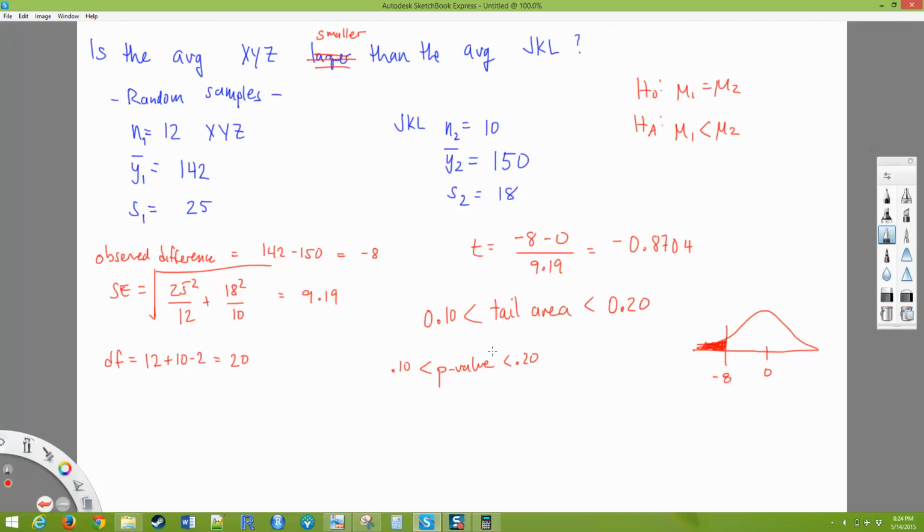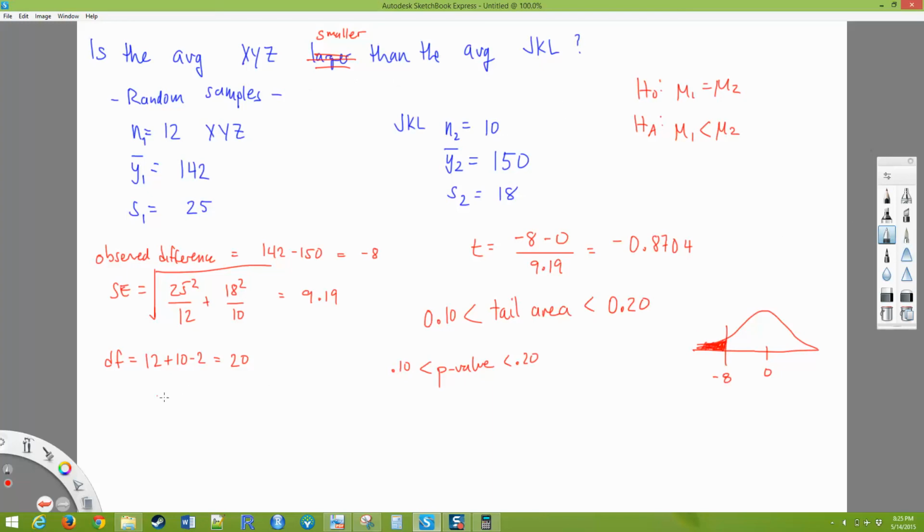It's about like rolling a die, which happens 1 in every 6, so that's about 16 or 17%. So this happens almost as often as that, or more often, maybe a little less often, but probably more often than that. So it would be unwise to say this provides conclusive evidence that XYZs are smaller than JKLs.